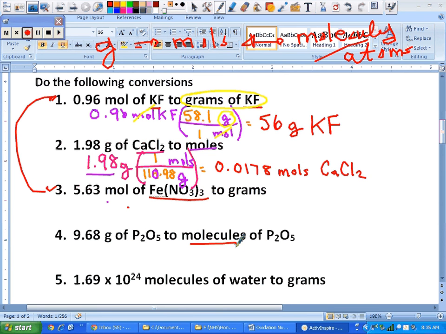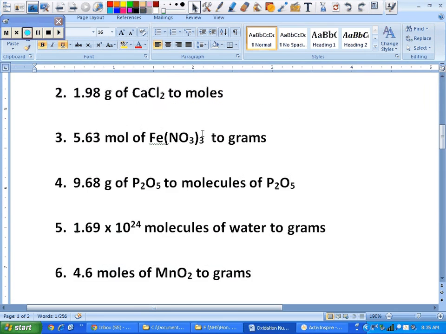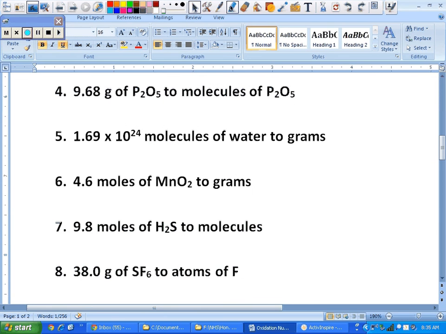All right. So let's look at number 4. So 9.8 grams of P2O5. Carly, can you name that? Okay, is this covalent or ionic? Is that a nonmetal? Yeah, it's a nonmetal. Name what you see.